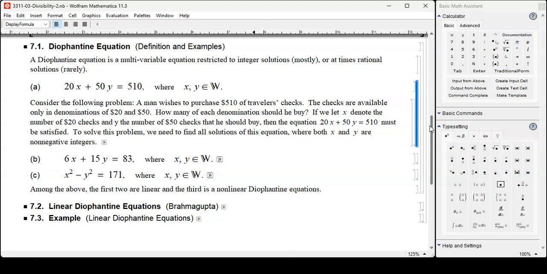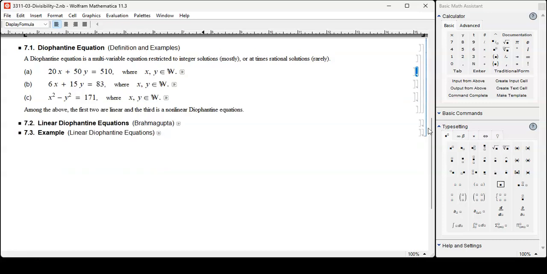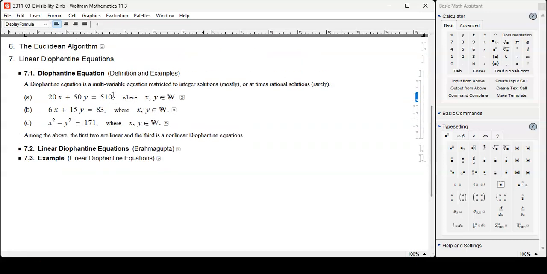No cents, just dollars. In any case, it can be simplified. Divide each by 10, and you're going to get that, and that's this equation. That's an algebraic equation that you have to solve within W. So this is an example of a Diophantine equation.